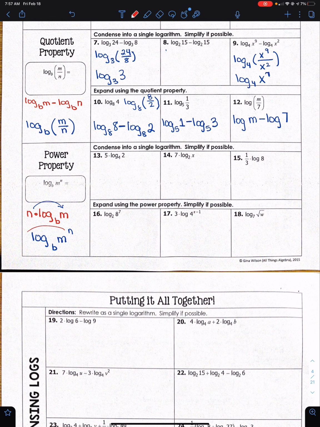All right. So let's go look at number 15. So I've got this 5 here, and I'm going to put it on top of the 2. So I'm going to have log base 4 of 2 to the 5th power. Since I can simplify 2 to the 5th power, I'm going to. So I will have log base 5 of 32.